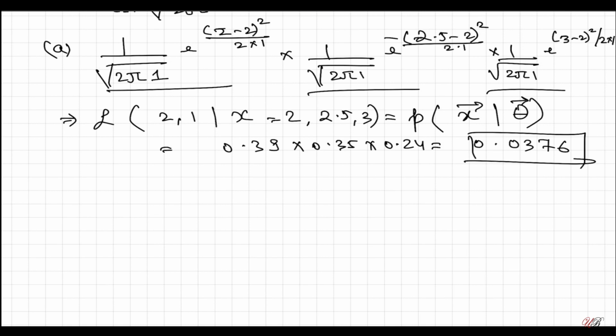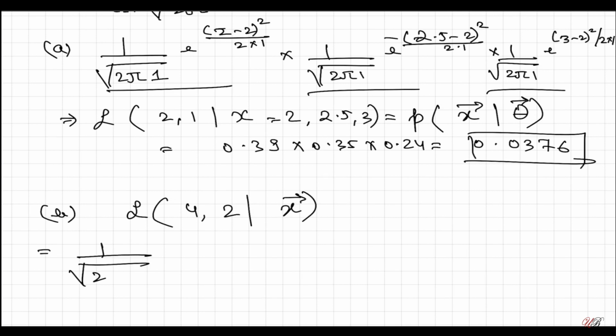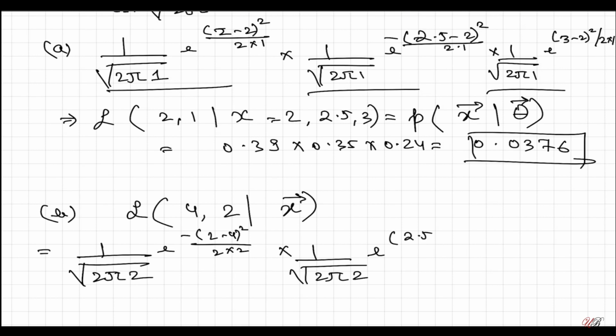Now, if this is the likelihood of observing the x vector given 2 and 1, we can do similar math for case B, where we are interested in calculating the likelihood given that mean is equal to 4 and variance equal to 2 for the same x vector, and in that case we have to solve 1 upon root 2 pi 2 e raised to power minus 2 minus 4 square upon 2 into 2, multiplied by 1 upon root 2 pi 2 e raised to power minus 2.5 minus 4 square upon 2 into 2, multiplied by 1 upon root 2 pi 2 e raised to power minus 3 minus 4 square upon 2 into 2.